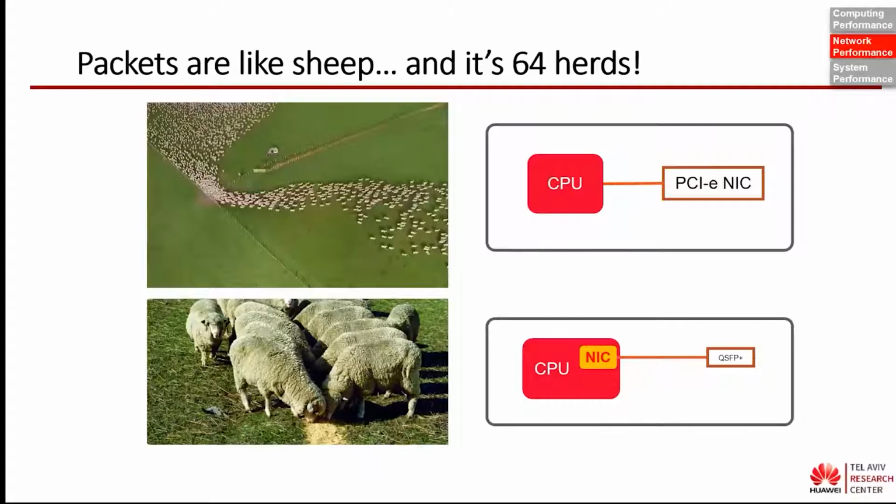But the idea is that in some application patterns, you have a lot of cores and a lot of requests going in the direction of the NIC. So that's the illustration at the top where you see all the sheep trying to get through the fence. And we find that in these patterns, this solution of an onboard NIC integrated on the CPU die actually helps ease this bottleneck.